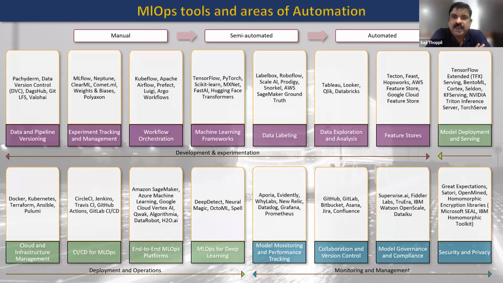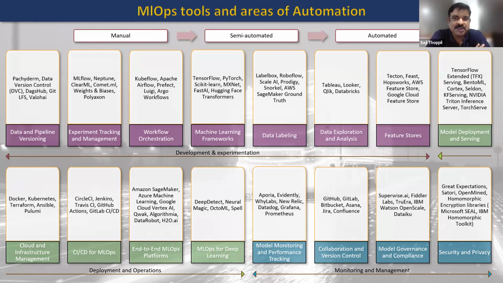You might want to take that and implement a semi-automated solution. Or you can pick all of these, integrate them together and create a fully automated solution. Now, it all depends on the return on investment, how many dollars there are to invest, and how it pays back. So you might have to pick and choose among all these options.